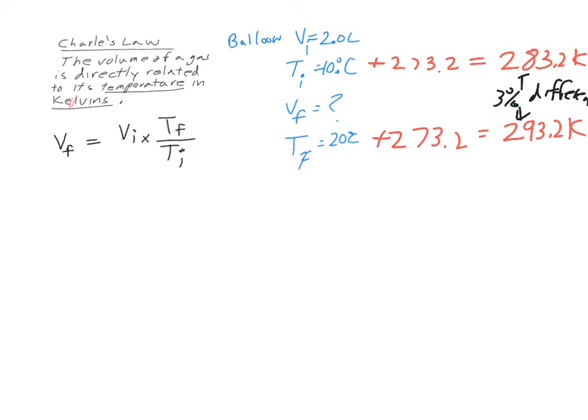So let's go over here to our formula and prove it. I have an initial volume of 2 liters. I have a final temperature of 293.2 Kelvin. I have an initial temperature of 283.2 Kelvin.